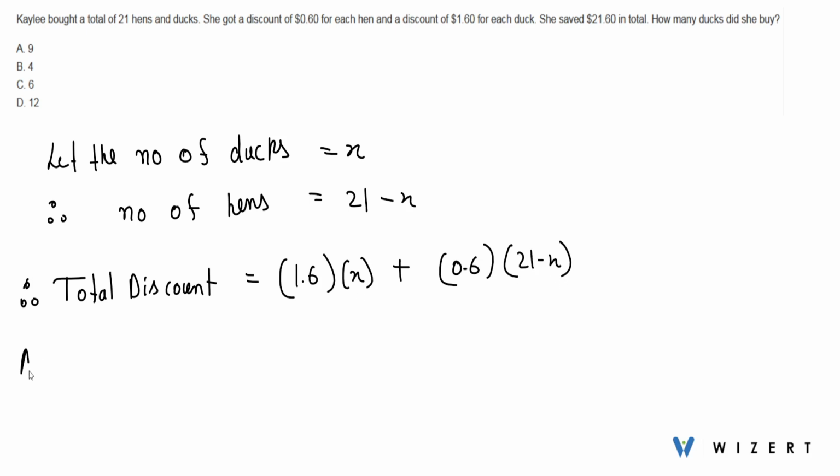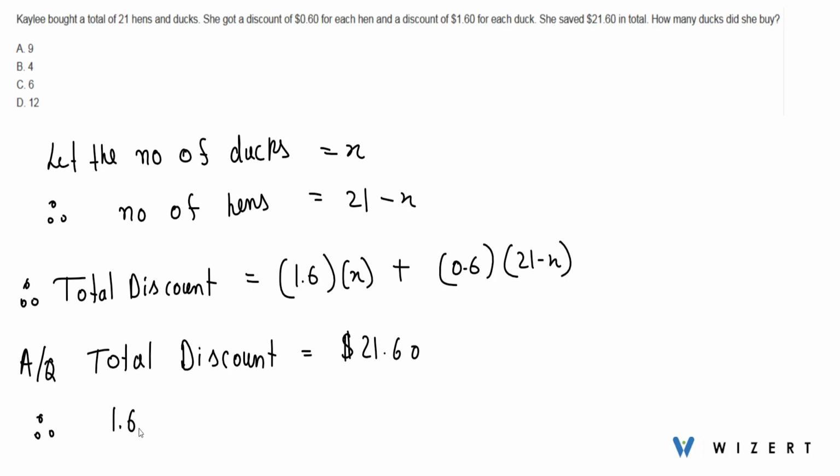But according to the question, total discount equals $21.60. Therefore, the required equation will be 1.6x plus 0.6 times (21 minus x) equals 21.60.